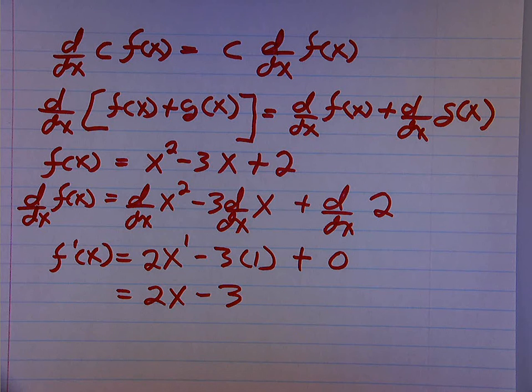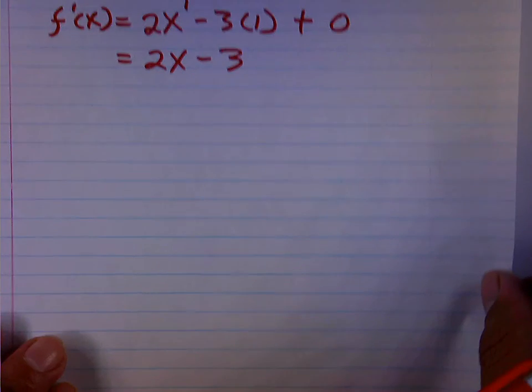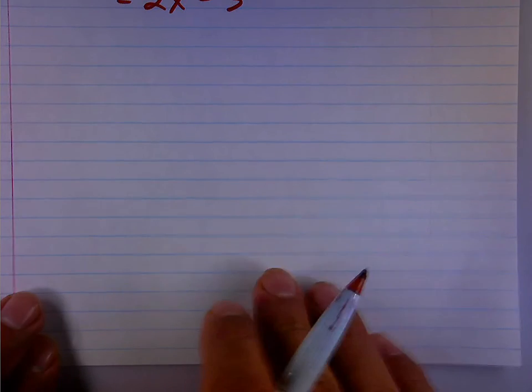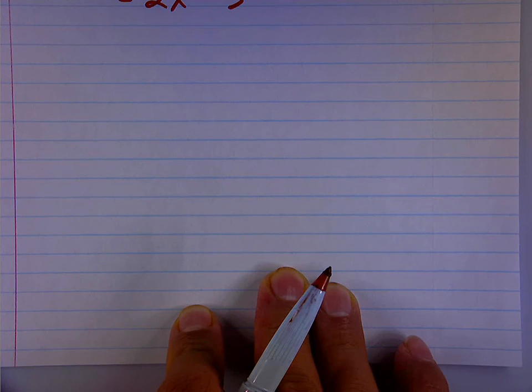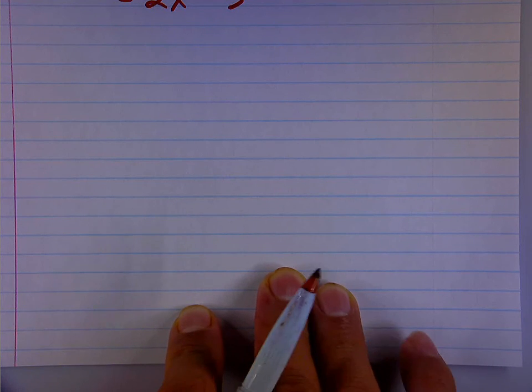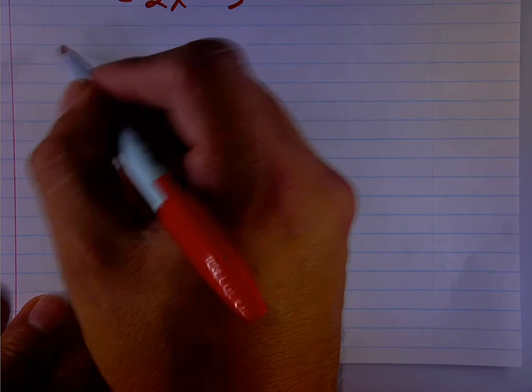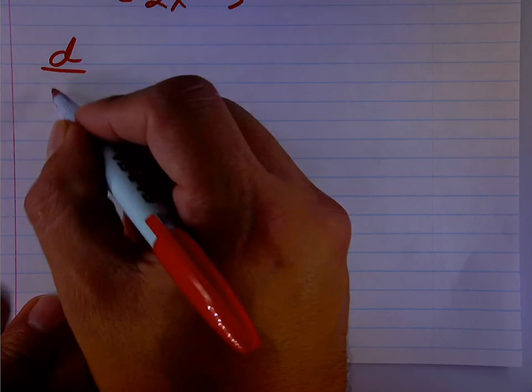So each time we do this, we're going to take the derivative piece by piece by piece of anything being added or subtracted. One more derivative.